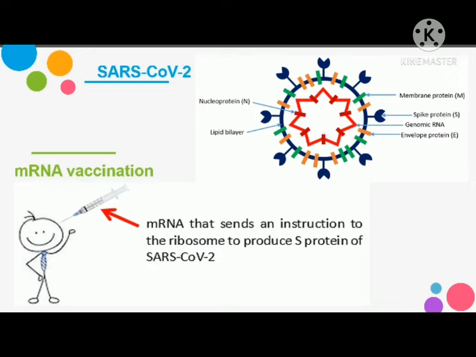Different from other vaccines that are made up of killed or weakened viruses or antigens, an mRNA vaccine works by injecting mRNA that sends an instruction to the ribosome to produce a viral protein to be recognized by the body's cells, which learn to become immune to it. In our case, it will be the S protein of SARS-CoV-2.